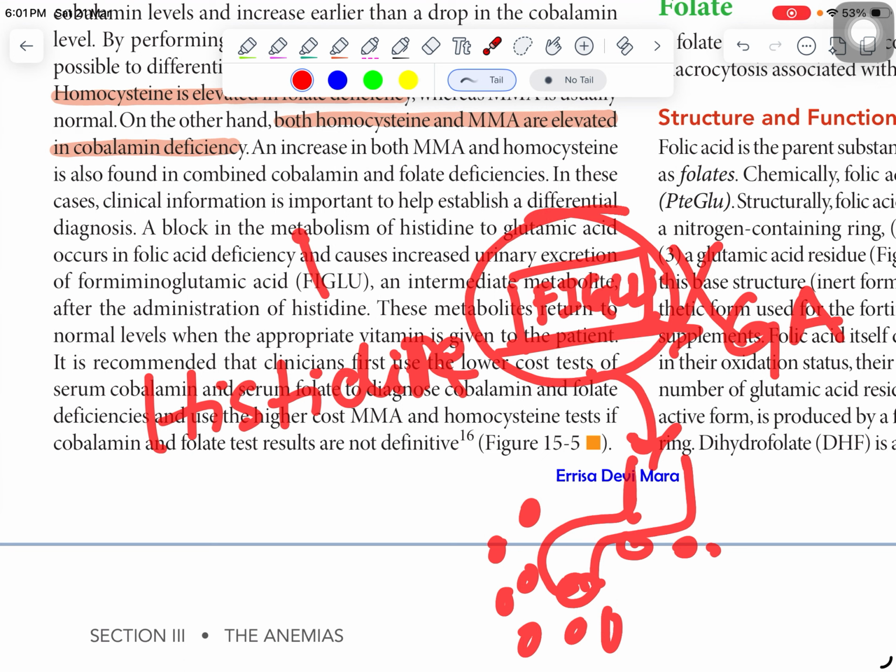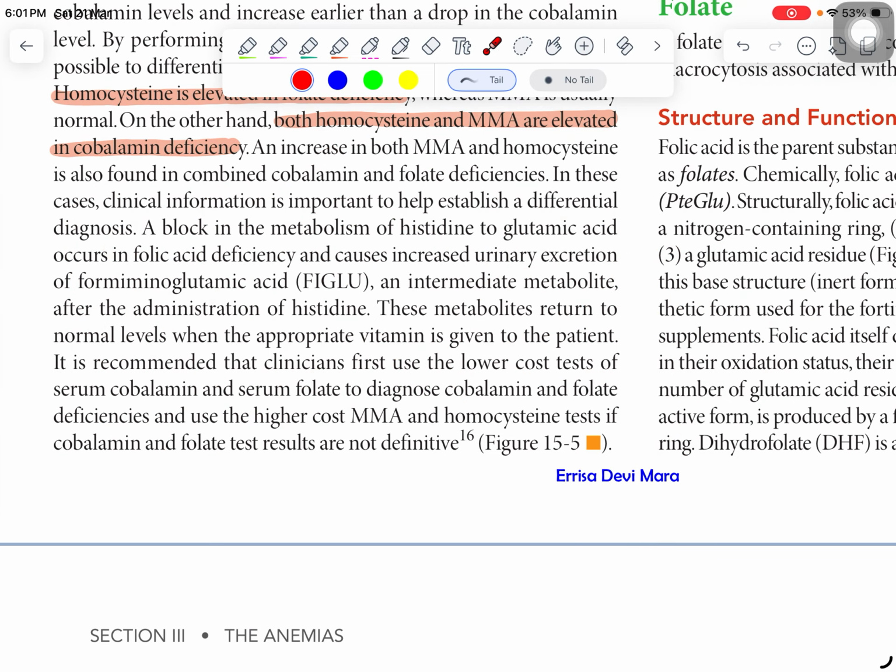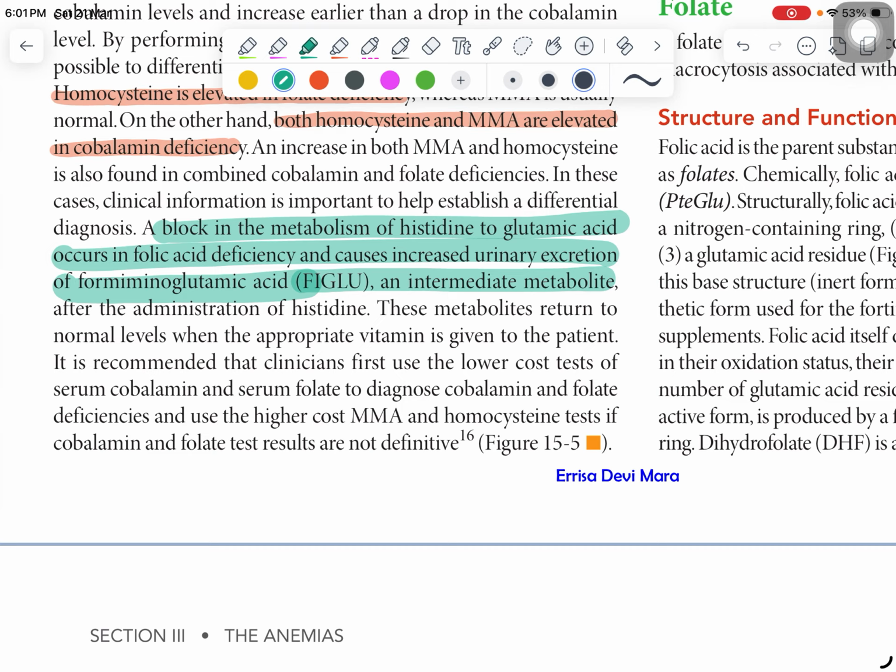This is the sign of B9, that is folate deficiency. This will happen after histidine administration. These metabolites return to a normal level when the appropriate vitamin is given to the patient.